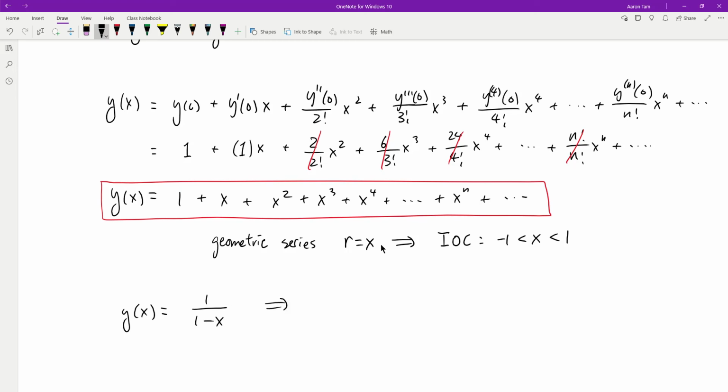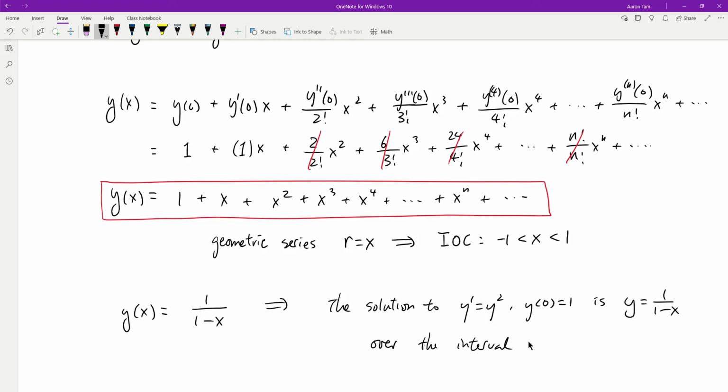So that implies that the solution to y prime equal to y squared, y of 0 equal to 1, is the function y equal to 1 over 1 minus x over the interval -1 to 1. That's my solution.